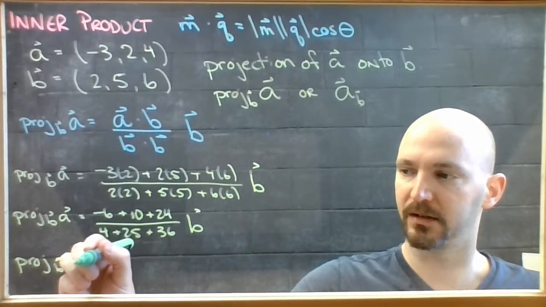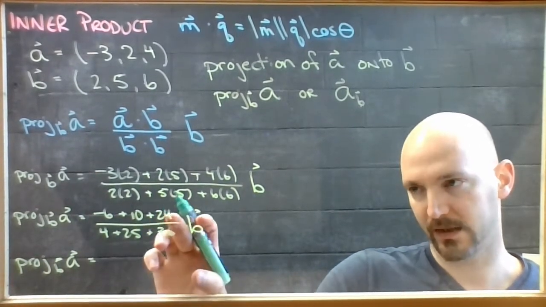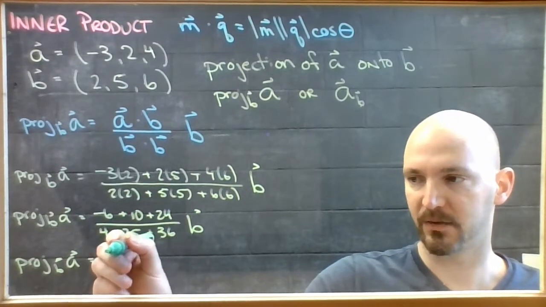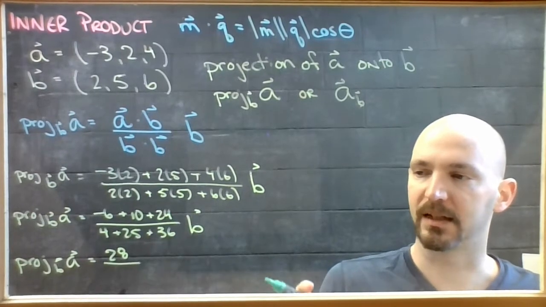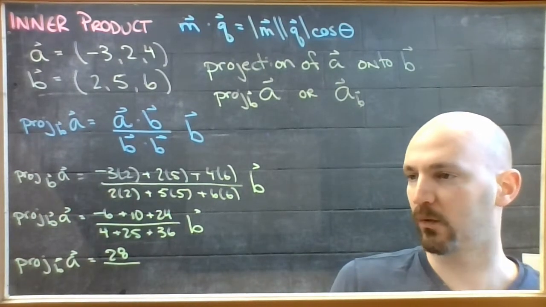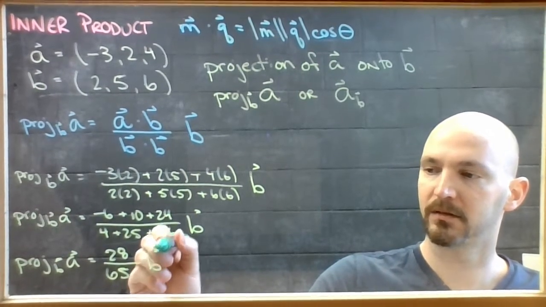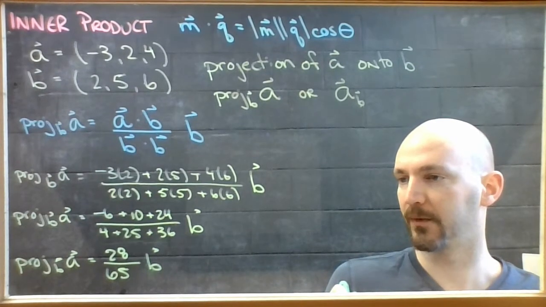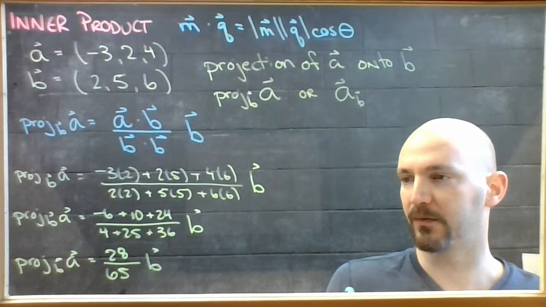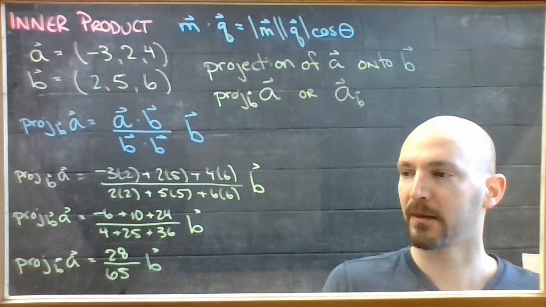Projection of A onto B. 10 and 24 is 34 minus 6 would be 28. 25 and 36 is 61 plus 4 would be 65. See, neither of those divide by 3, 4, 5, 6, or 7. Okay, so I think we're done.